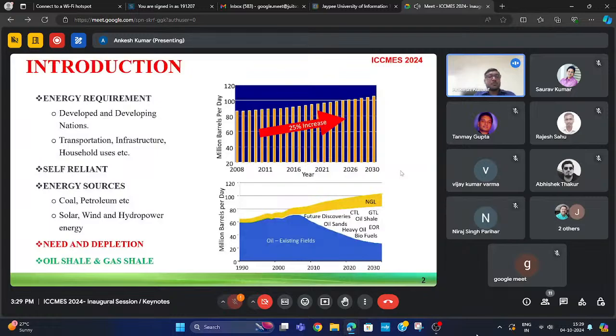And solar, wind, or even hydropower, if we consider them, cannot completely replace these energy resources. The reason is the limitations.